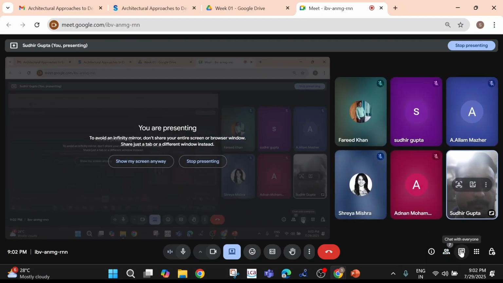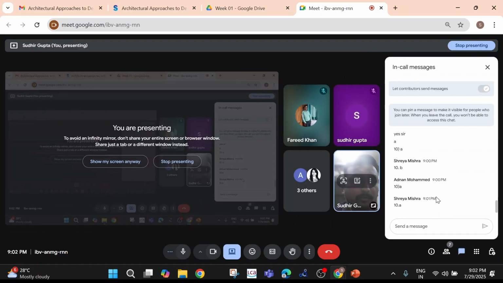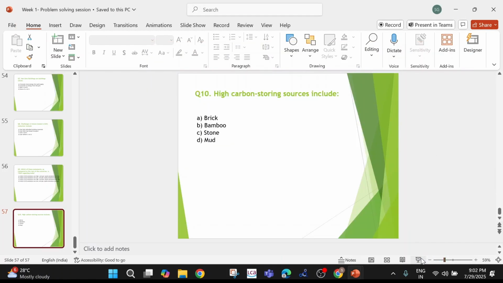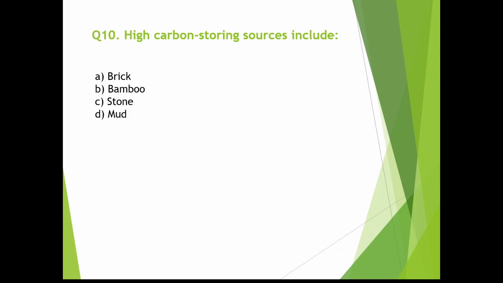So set the alarms for the next session, and before ending the session, try to give an answer to question number 10. Here is question number 10. A is not the correct answer, high carbon storing sources.